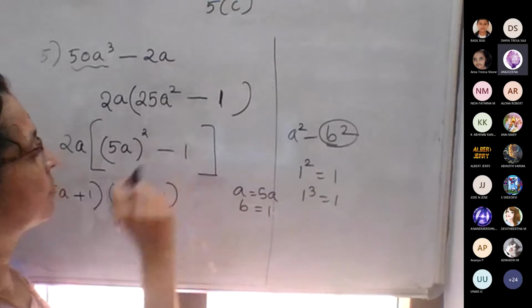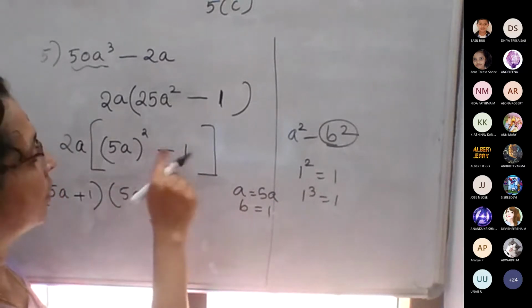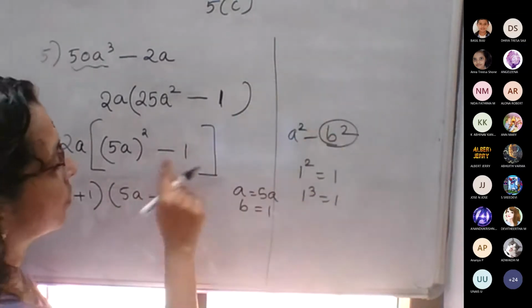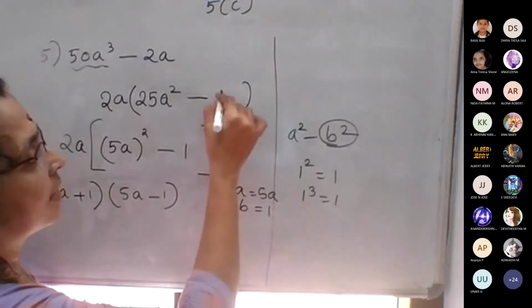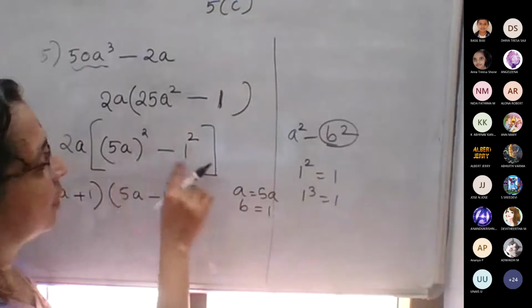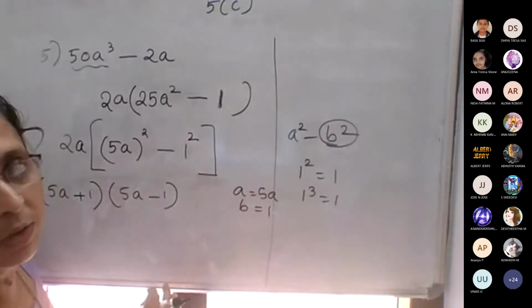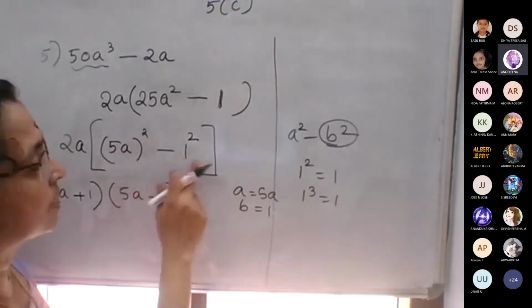Simply writing the formula means you will get confusion. So b square is also needed for a square minus b square. So rearrange the question, changing 1 as 1 square. To avoid confusion I wrote 1 square.